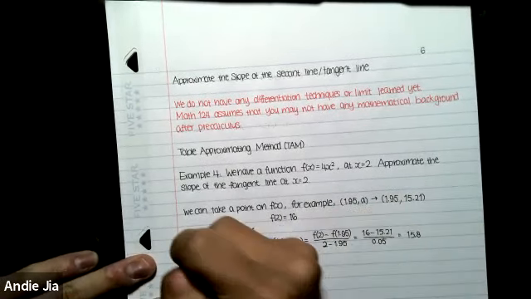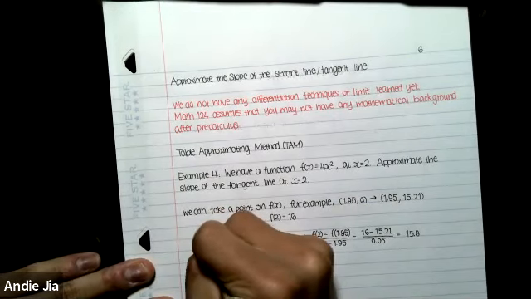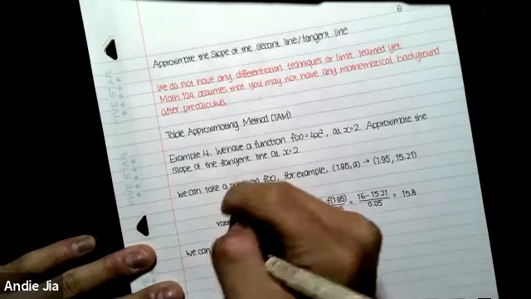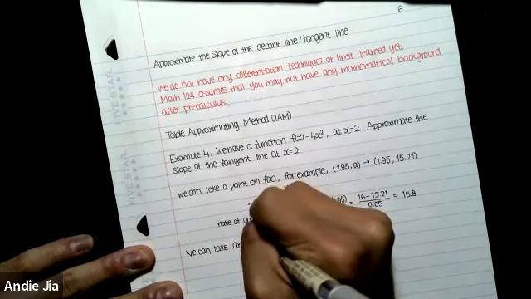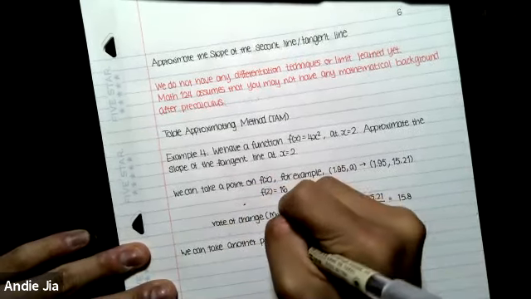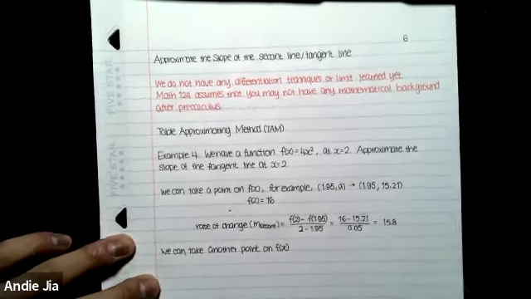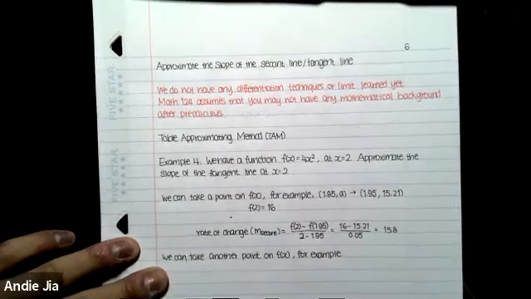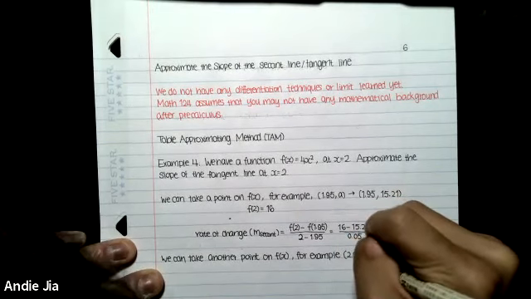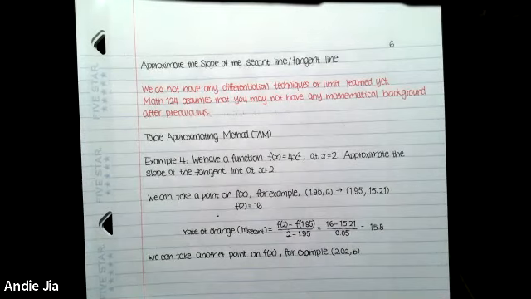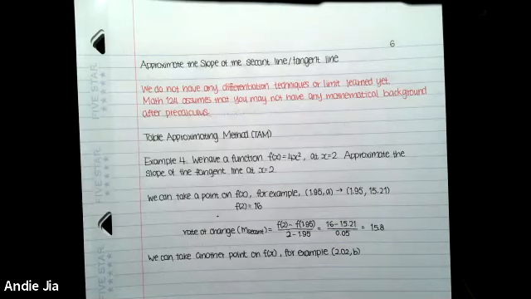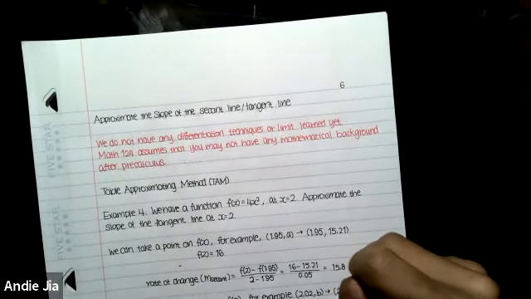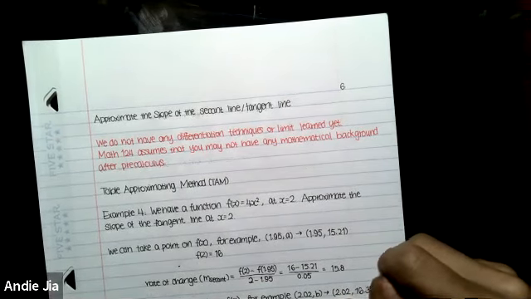If we take another point on f of x, for another example, x equals 2.02, and y output is 16.322.